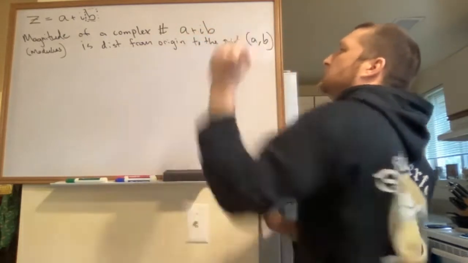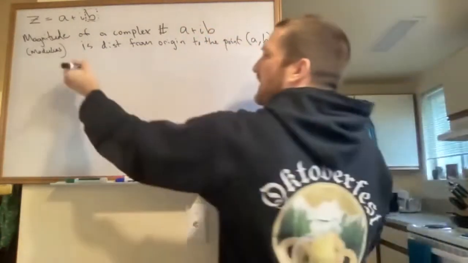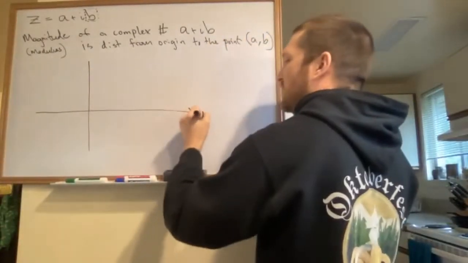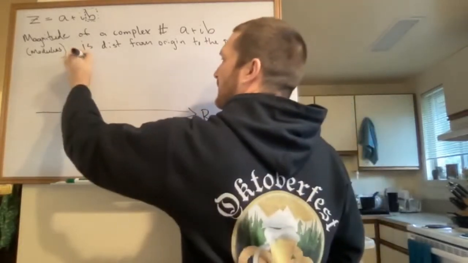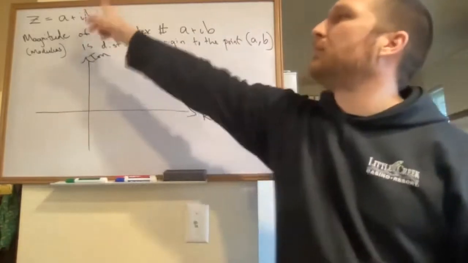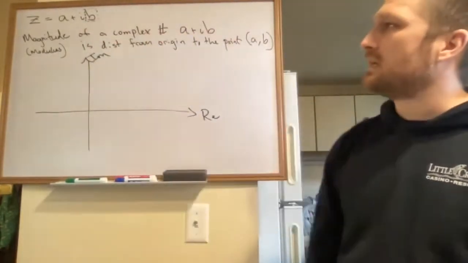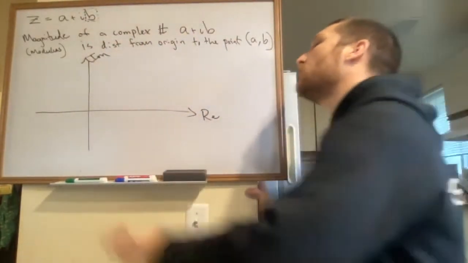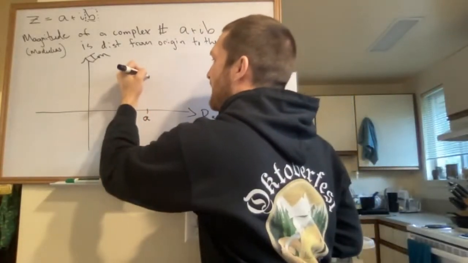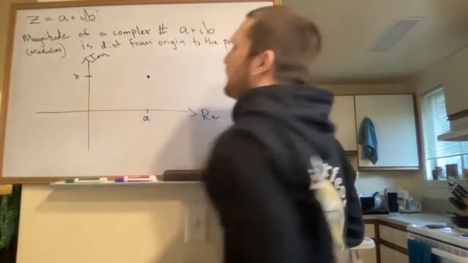Thinking about this in the complex plane, you have your real axis and your imaginary axis, and we have a given complex number, A plus iB. We're just going to pretend that A is right here and B is right here.